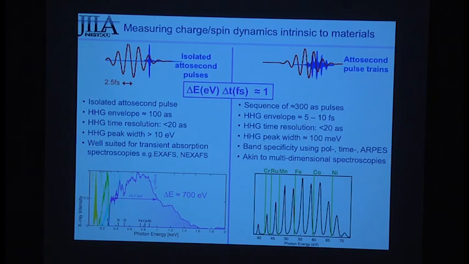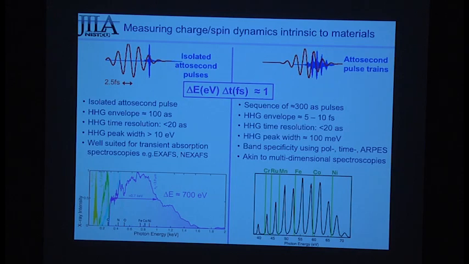But the question is, how do you make the measurement, and under what circumstances should you use an isolated burst or a sequence of pulses? Our claim now is, if you want to make a few femtosecond measurement, then you would like to arrange it so that your laser pulse makes a single attosecond burst.